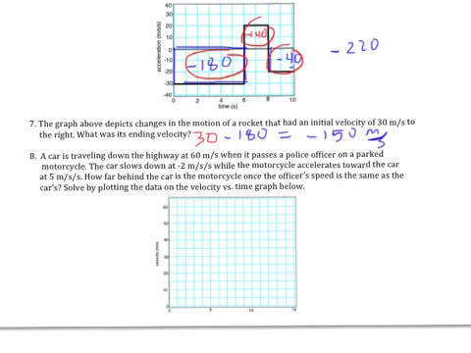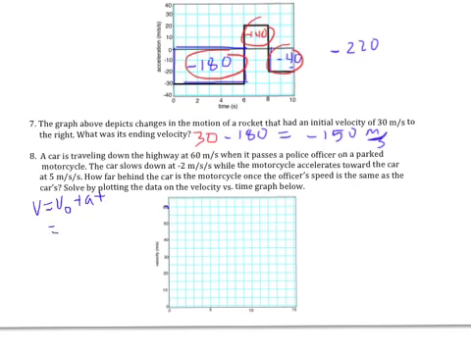So a car started off at 60, so I'll use blue for the car. It started off at 60 right here, and it slowed down at negative 2 meters per second for 15 seconds. So I'm going to say, how fast did it end up going? I'm going to use V equals V naught plus AT to figure out the final velocity.